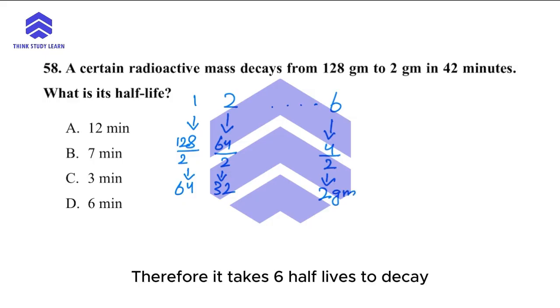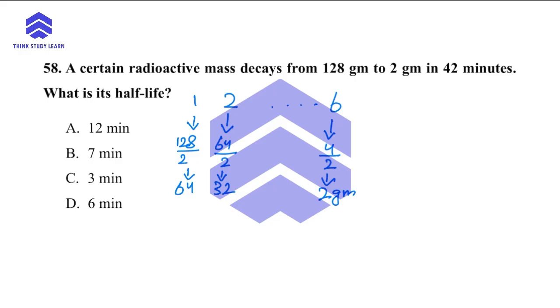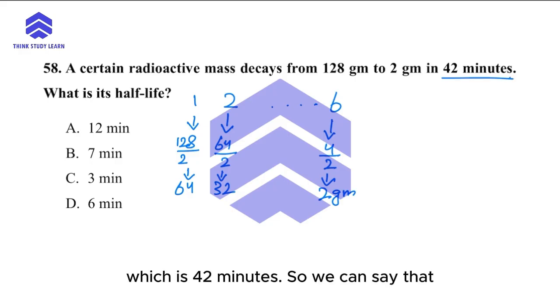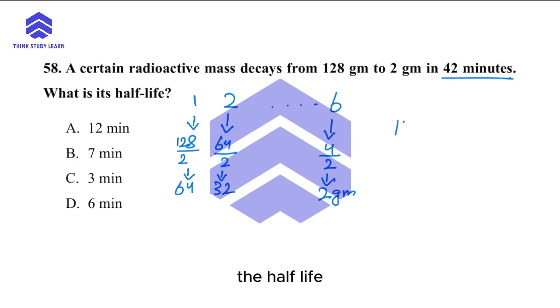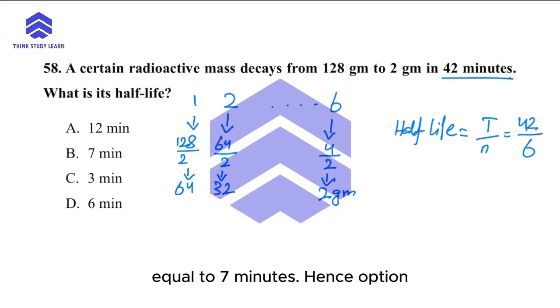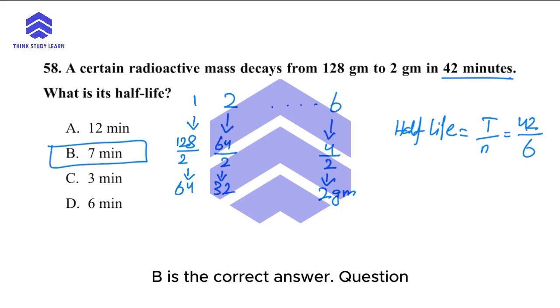Therefore, it takes 6 half-lives to decay from 128 gram to 2 gram. In the question, we have the total time, which is 42 minutes. So the half-life is equal to total time divided by the number of half-lives, which is 42 divided by 6, which is equal to 7 minutes. Hence, option B is the correct answer.